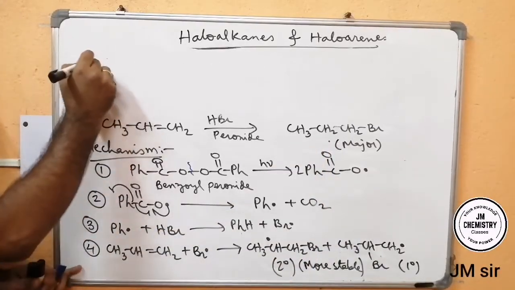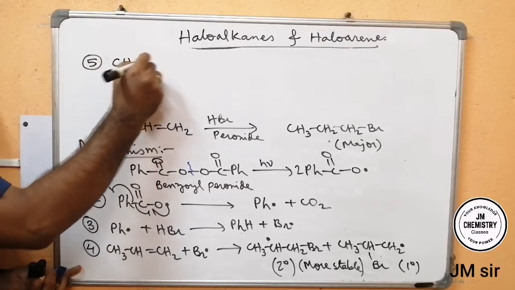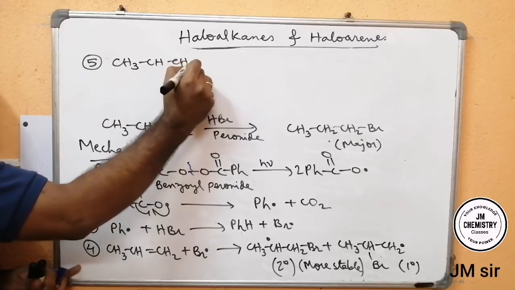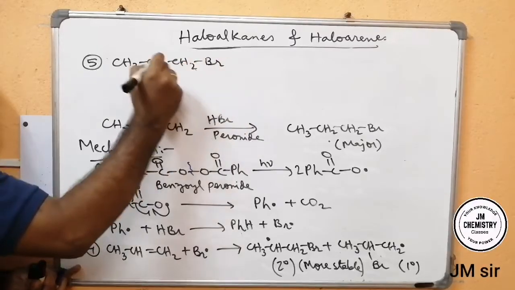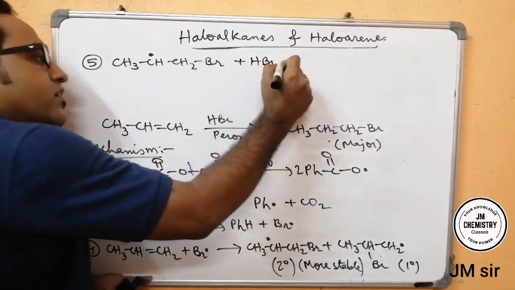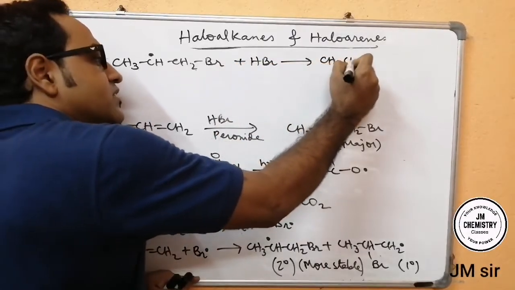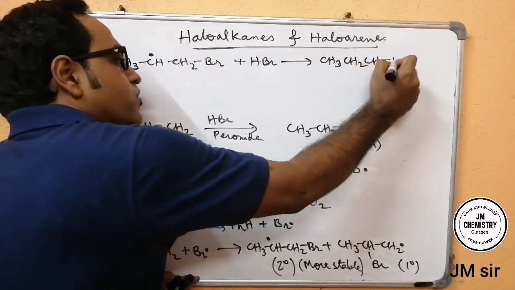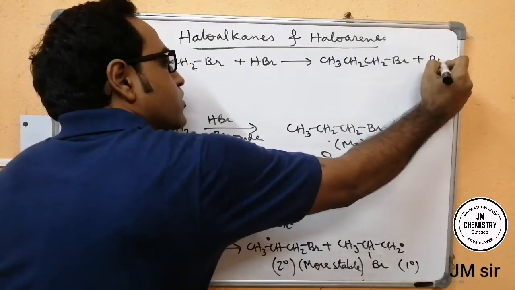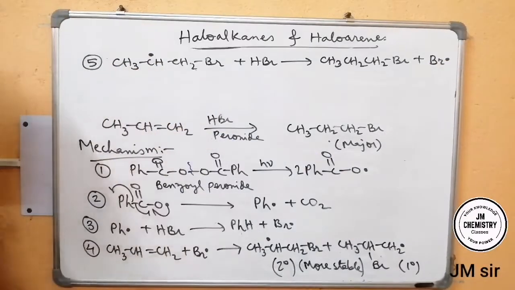So the final product comes from the 2 degree radical. Last step is CH3-CH dot-CH2Br. This free radical reacts with HBr to form CH3CH2CH2Br plus Br dot. The reaction goes on.